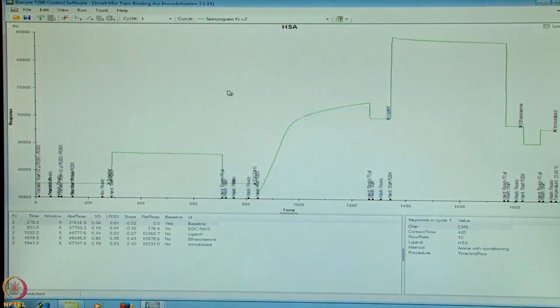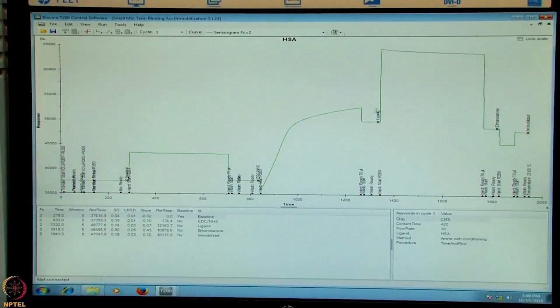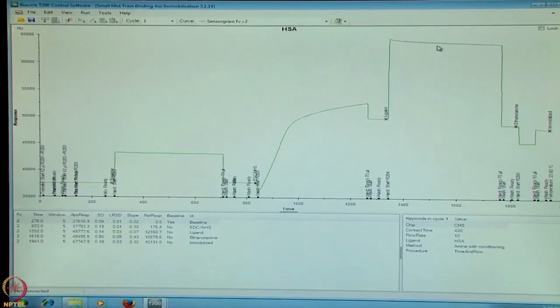Here you can see on the screen immobilization of human serum albumin by activation of the surface with EDC NHS, passage of the ligand to the sufficient amount required, blocking with ethanolamine and immobilization.